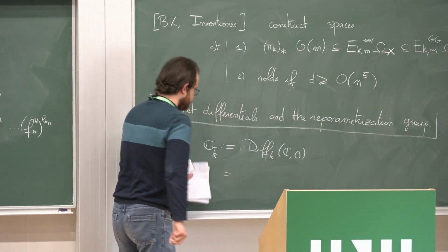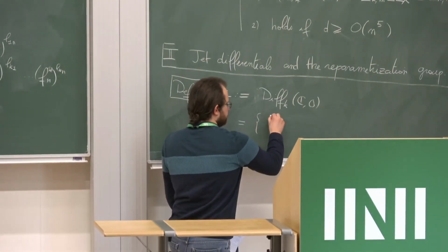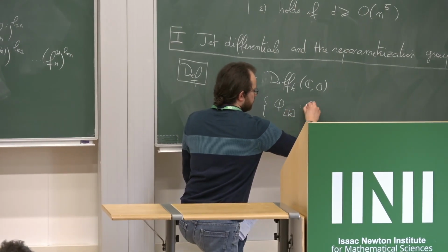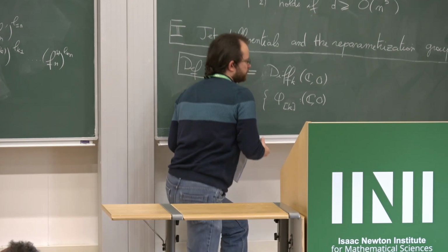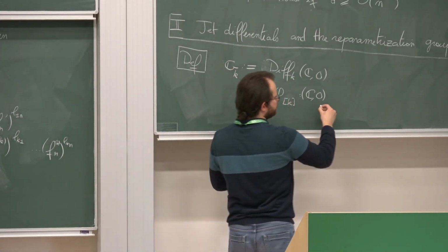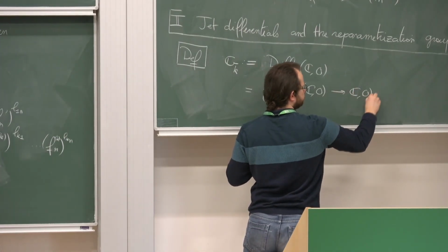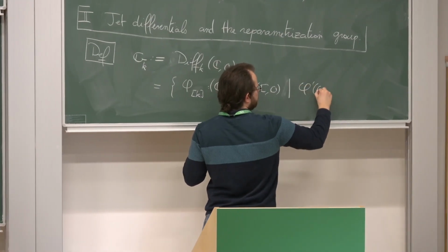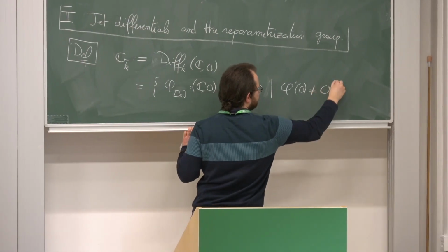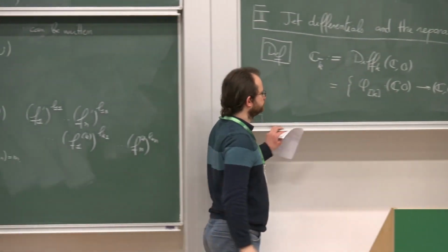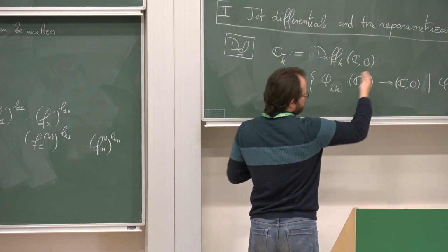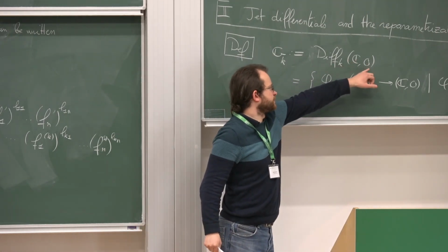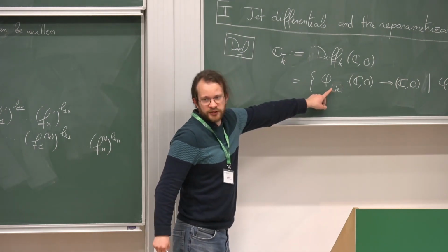So it is simply the kth Taylor expansions of germs of maps going from the origin in C to itself, such that we have non-vanishing for the first derivative. So germs of diffeomorphism from (C,0) to itself, truncated at order k.